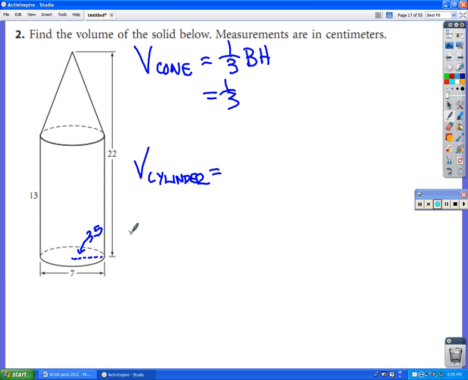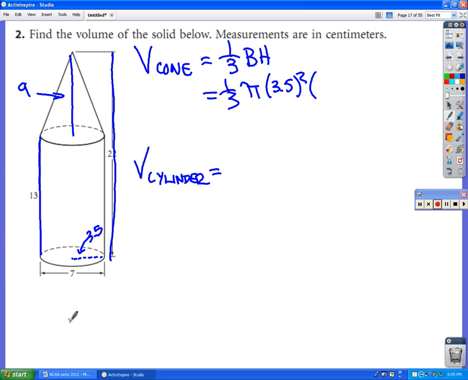So to find the area of the base, I need to go pi times 3.5 squared, because it is a circle. And then to find the height of this cone, the height of the cylinder is 13. The height of the entire shape is 22.